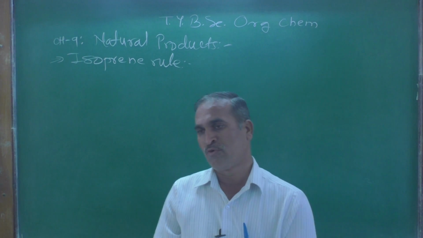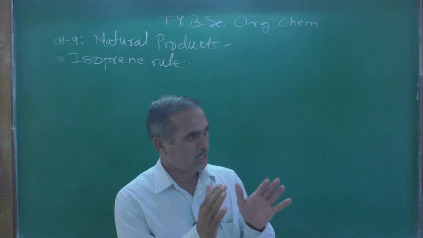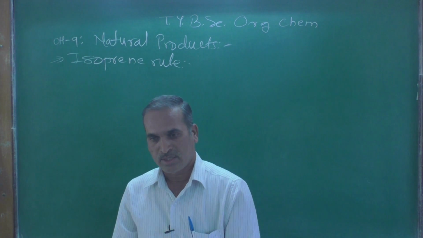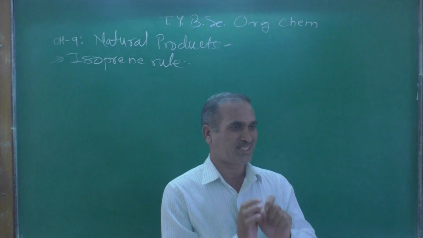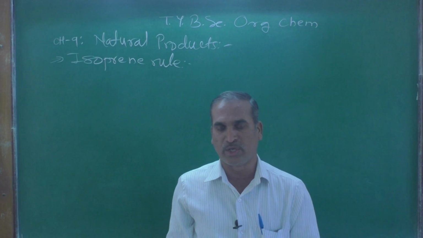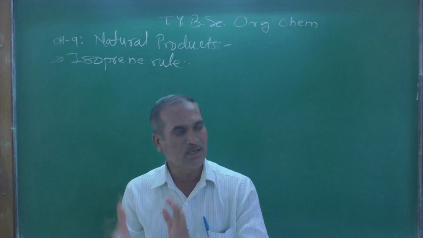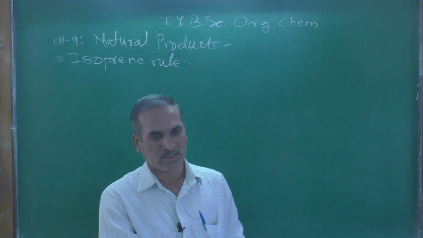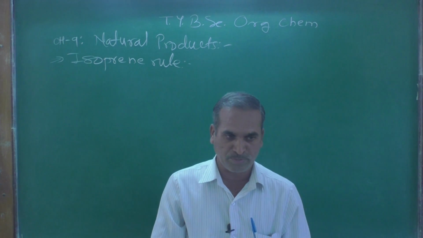At the fourth level we have seen the classification of terpenoid on the basis of the isoprene units present in the molecule. There we have seen a chart with the number of isoprene units.